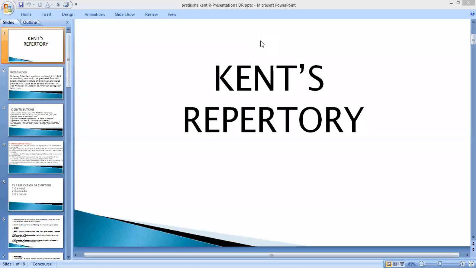But she was cured with homeopathic medicine. And after her recovery from her illness, Dr. Kent developed interest in homeopathy, and after going through all the literature present on homeopathy before his time, he converted towards homeopathy and completely devoted himself to studying it.